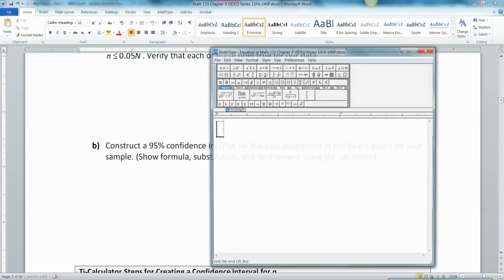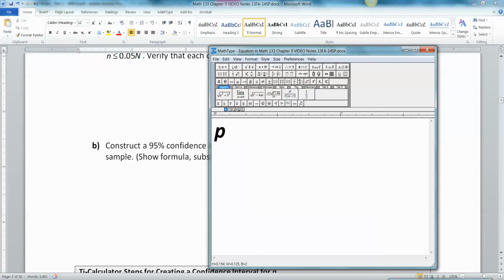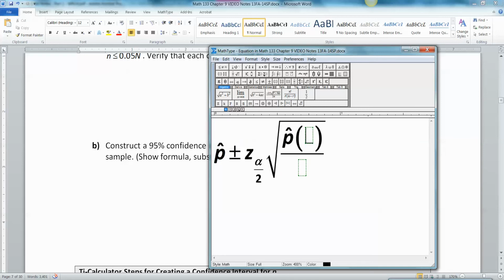Okay, so the formula for a confidence interval for a true proportion is our point estimate, which is p hat, plus or minus our critical value, z alpha over 2, times the standard deviation of the sampling distribution of sample proportions, i.e. the standard error of p, which would be estimated to be the square root of p hat times 1 minus p hat all over n.